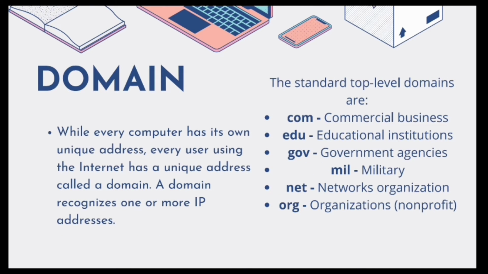Fifth is domain. While every computer has its own unique address, every user using the internet has a unique address called a domain. A domain recognizes one or more IP addresses.